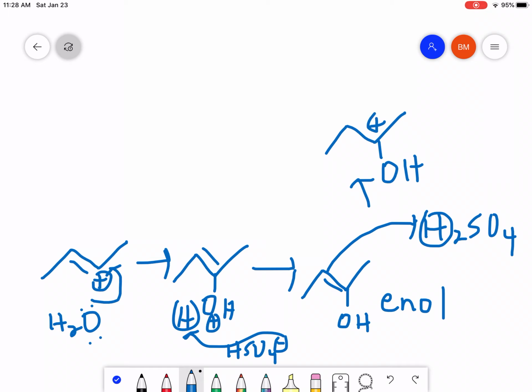And it's going to make a carbocation right there. Now, however, you're actually going to form a resonance structure because a pair of electrons can swoop down from the oxygen to make a double bond.